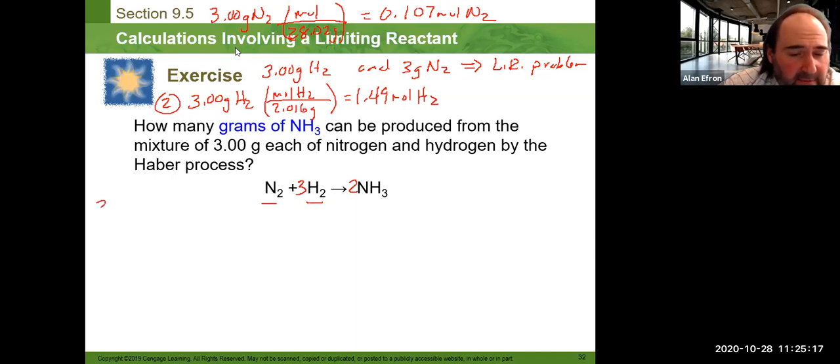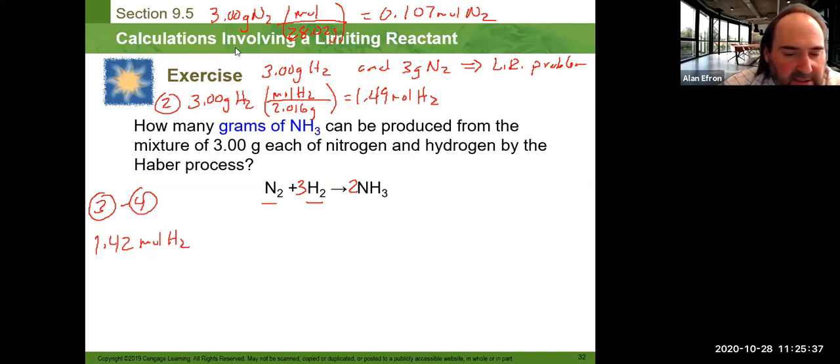Step number 3, we're just going to do step number 3 and 4 together here for each of them. So we're going to start with our H2. So we have 1.42 moles of H2. We're now going to figure out how many grams of NH3 it will produce.